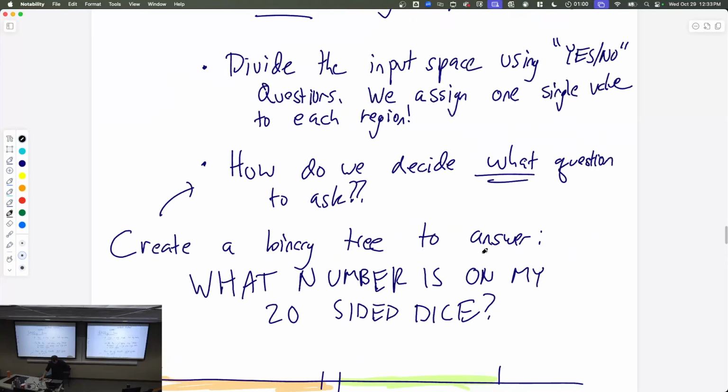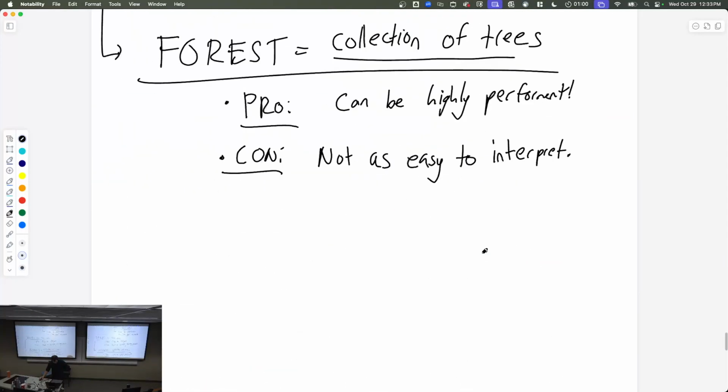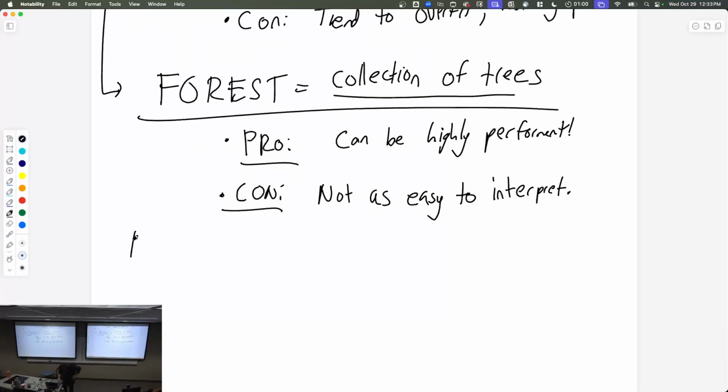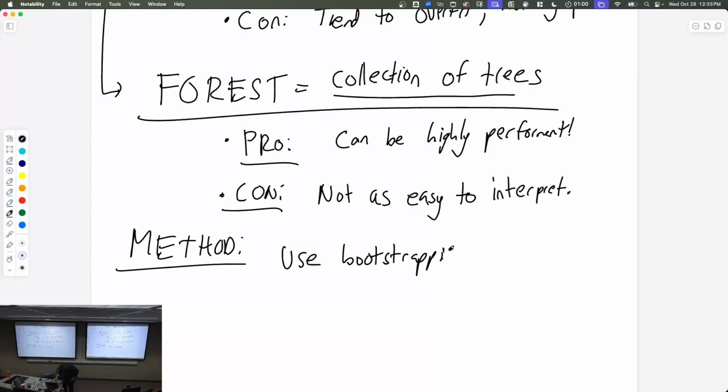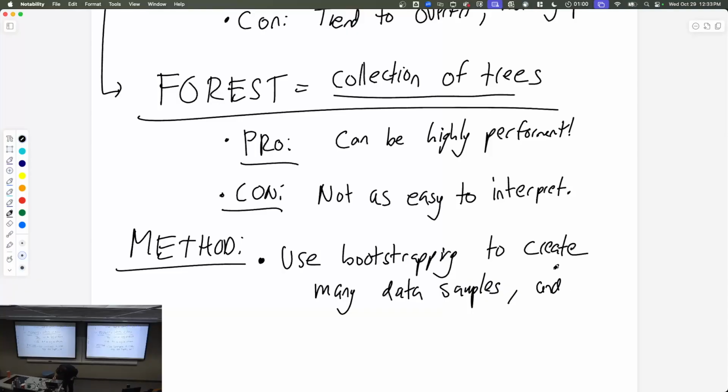Let's write it down. How to combine them. Method: use bootstrapping to create many data sets, data samples, and one tree per sample.